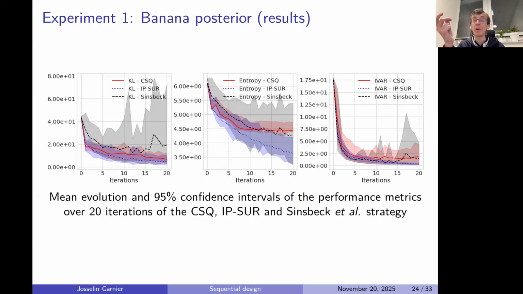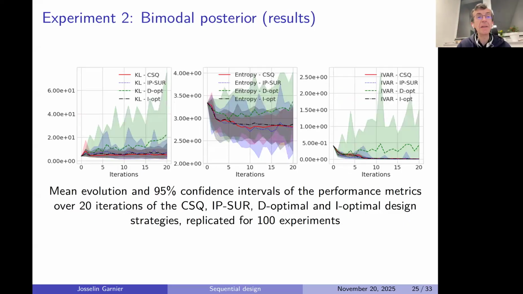So you need to run the sequential strategy several times to tune the optimal h. It's not so easy, but if you can tune h, it's okay. So here it seems perfect, and this was for the banana, the one that is unimodal but a little bit degenerate.